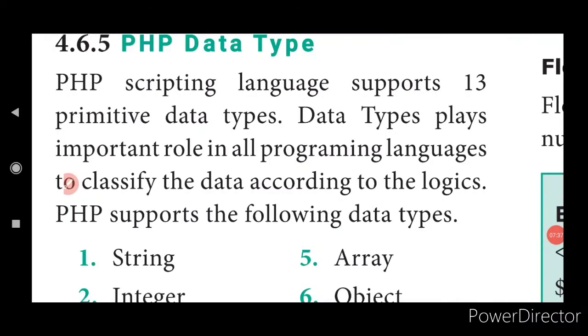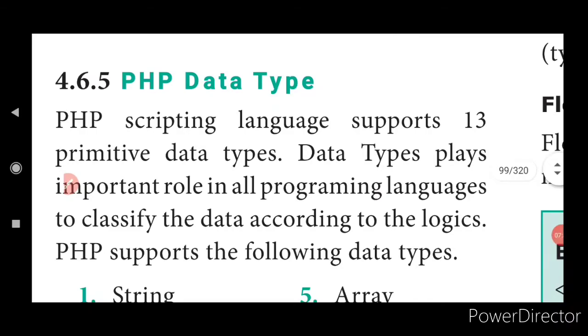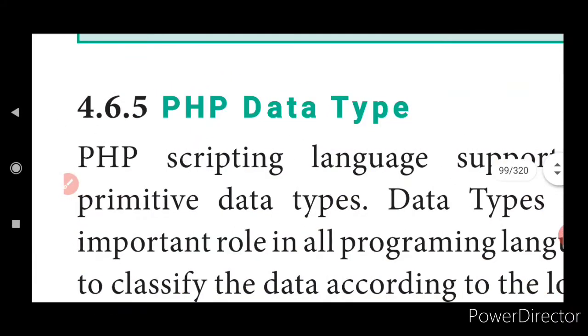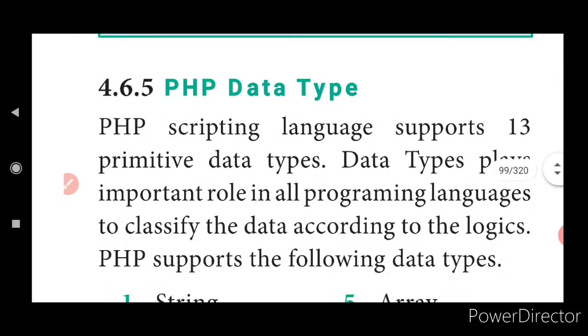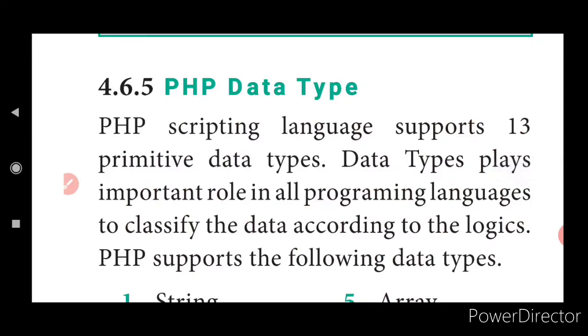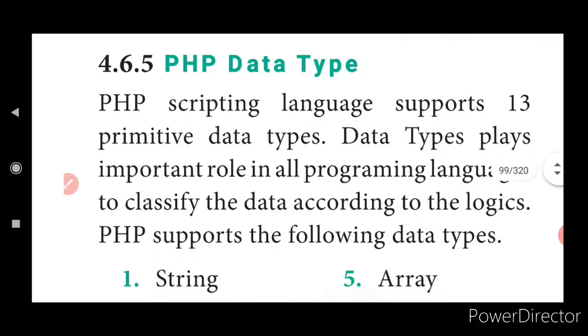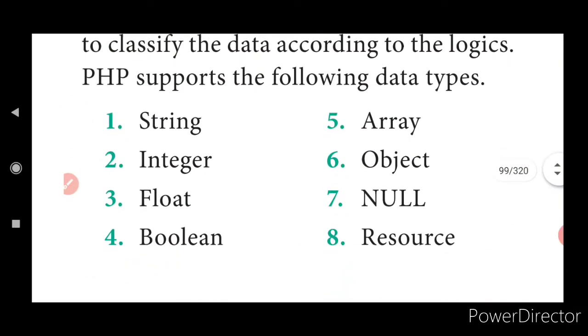Next, let us move on with the next topic, PHP data types. We already know PHP is a scripting language and it supports 13 data types. How many does it support? 13 data types. It plays a very important role in our programming languages. It supports the following data types: string, integer, float, boolean, array, object, null and resource.